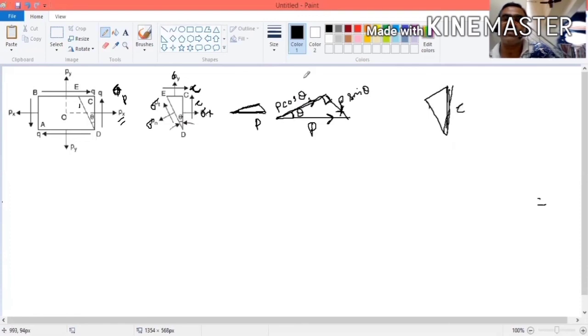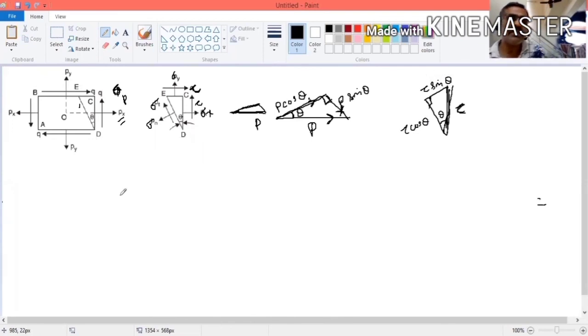This is also some load. If you want to resolve, this will be 90 degrees. Now this is theta. Now what will this be? This is tau into cos theta. This is tau into sin theta. Right.